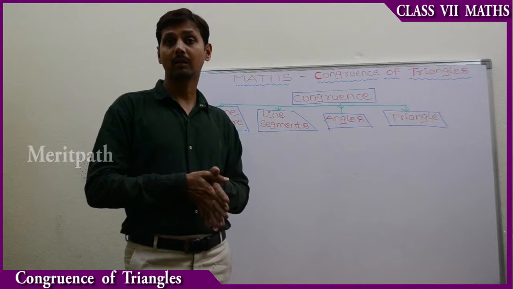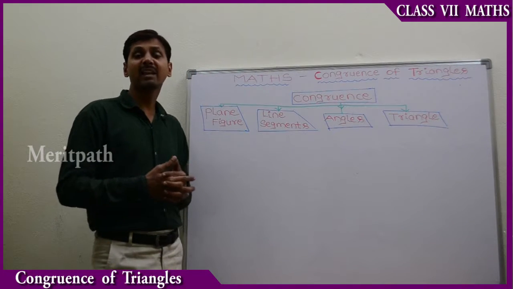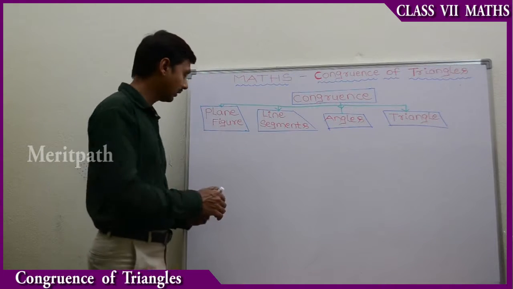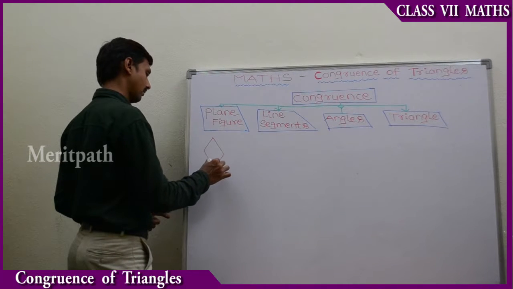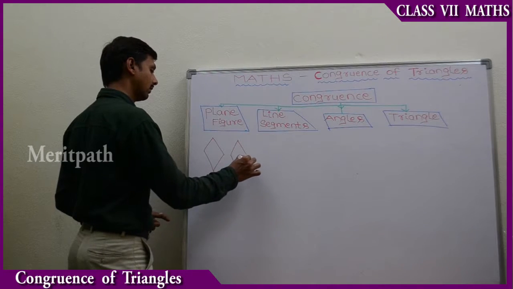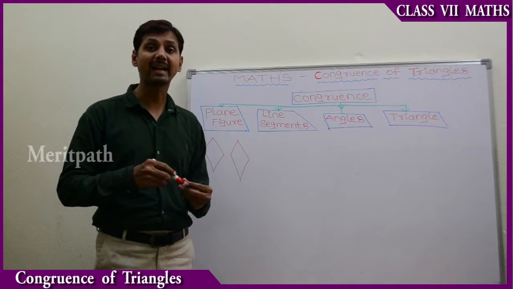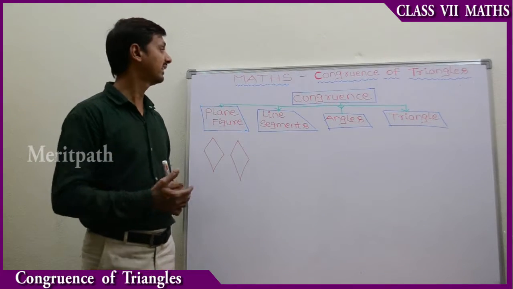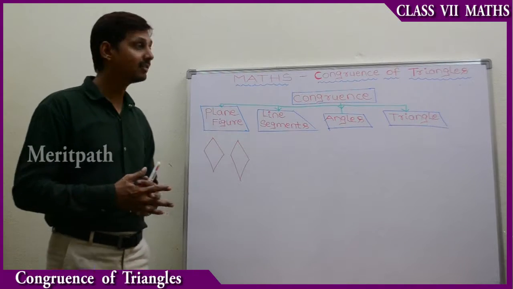Here, plane figures: if you take any object like a diamond shape, and let us think that both are equal in size and shape, then we call these 2 plane figures congruent to each other.